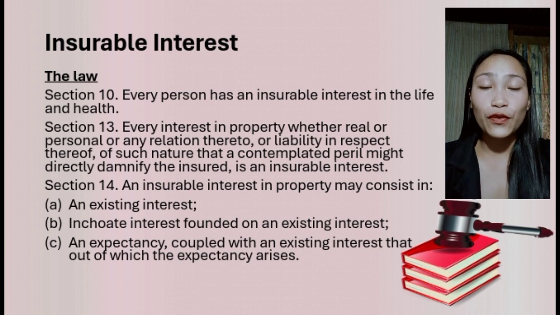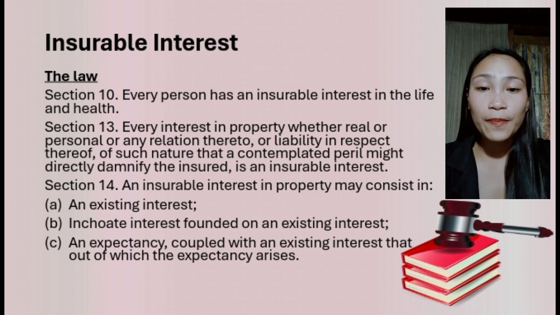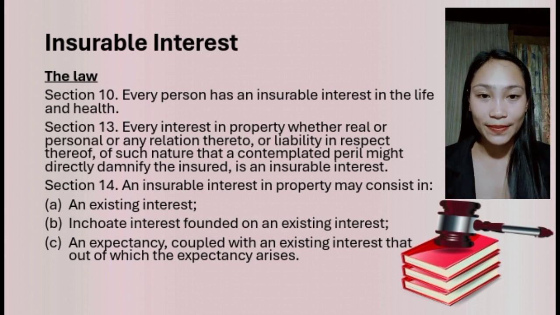Then Section 14: An insurable interest in property may consist in: first, an existing interest; second, an inchoate interest founded on an existing interest; then an expectancy coupled with an existing interest out of which the expectancy arises.